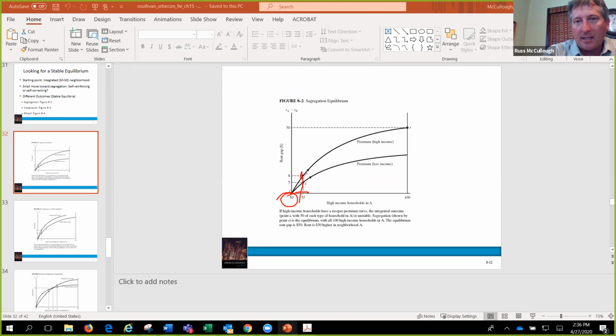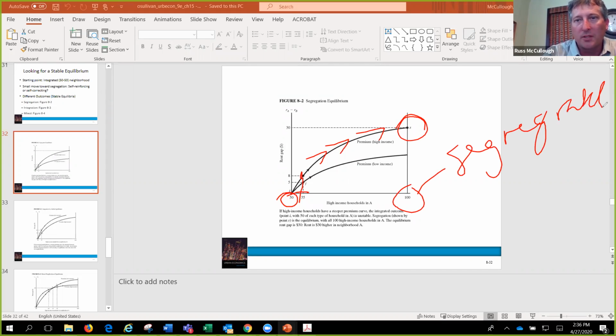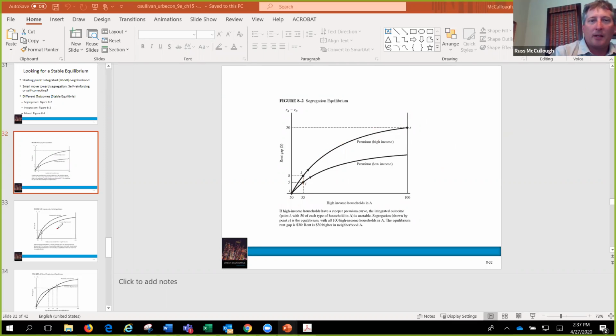Now all of a sudden high income people can start outbidding the low income people, which is going to make S, the fully segregated outcome, a Nash equilibrium. And so we get full segregation when the preferred group, the high income group, can outbid, or has a preference to outbid. But that's not the way all of them need to be.